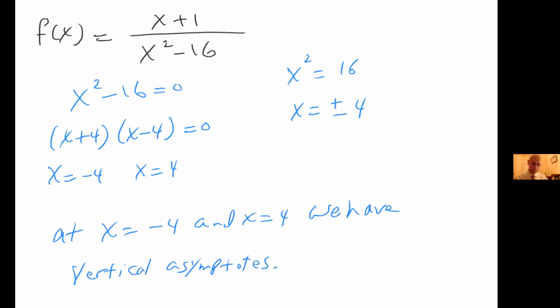So the natural question here is to ask, what if a factor in the numerator cancels one of the factors in the denominator? Then what? Suppose I have g of x equals x plus 5 over x squared minus 25.